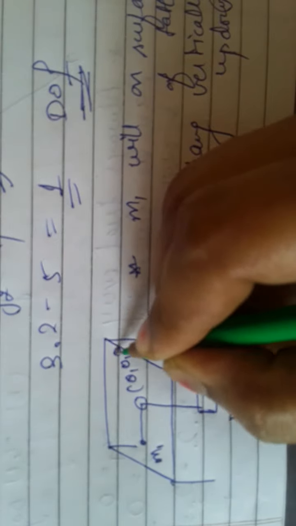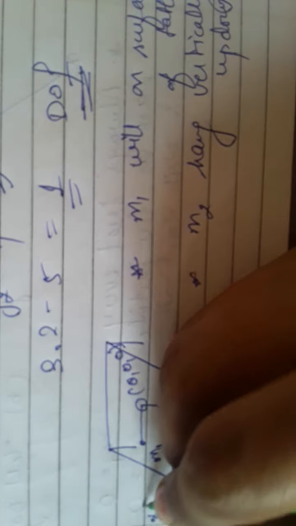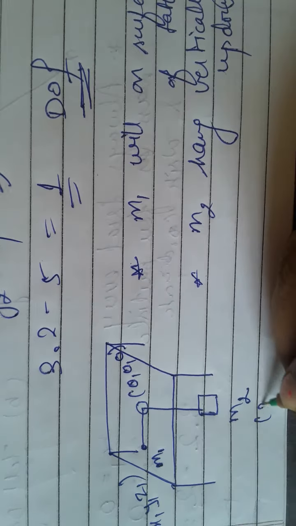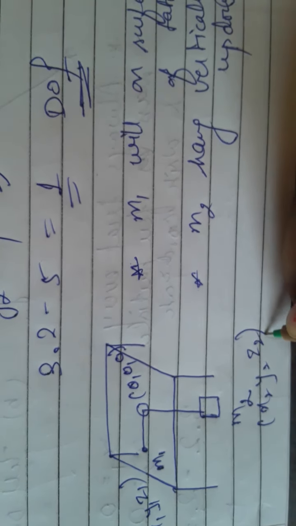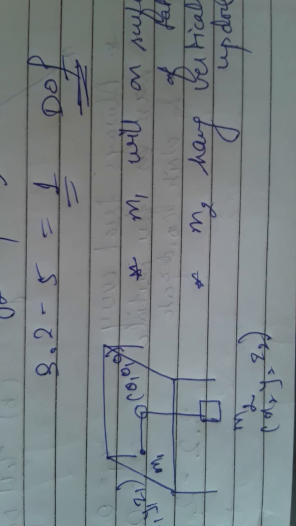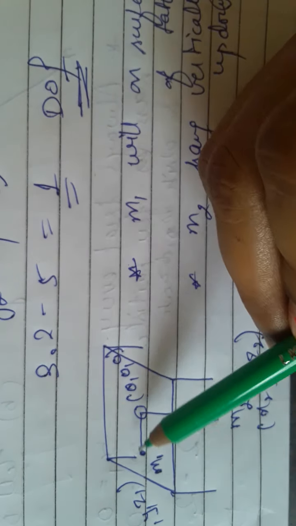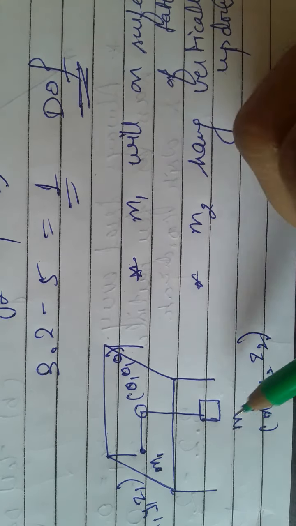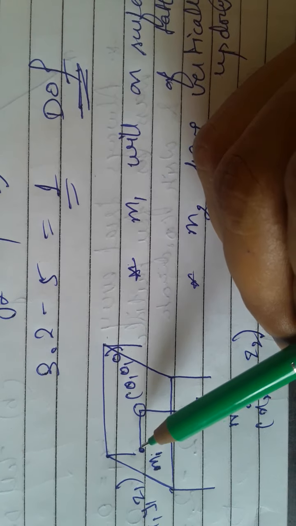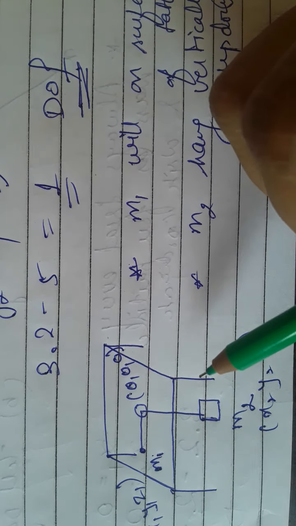Firstly, let your origin be here. Always fix your origin first. Then write the coordinates as if they were free: x1, y1, z1, x2, y2, z2. And if m1 will move on the surface of the table only, say this is x and y, and this is your z direction up and down, so m1 can never go in the z direction.